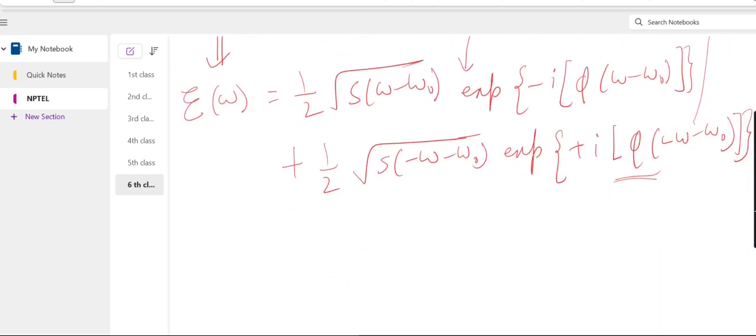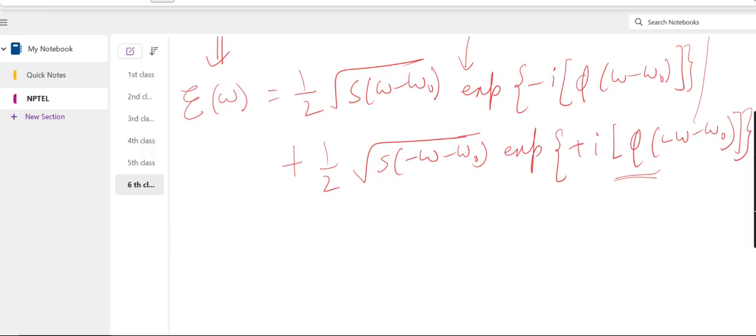So this is the Fourier transform of the real electric field. So basically this is the real frequency domain electric field.